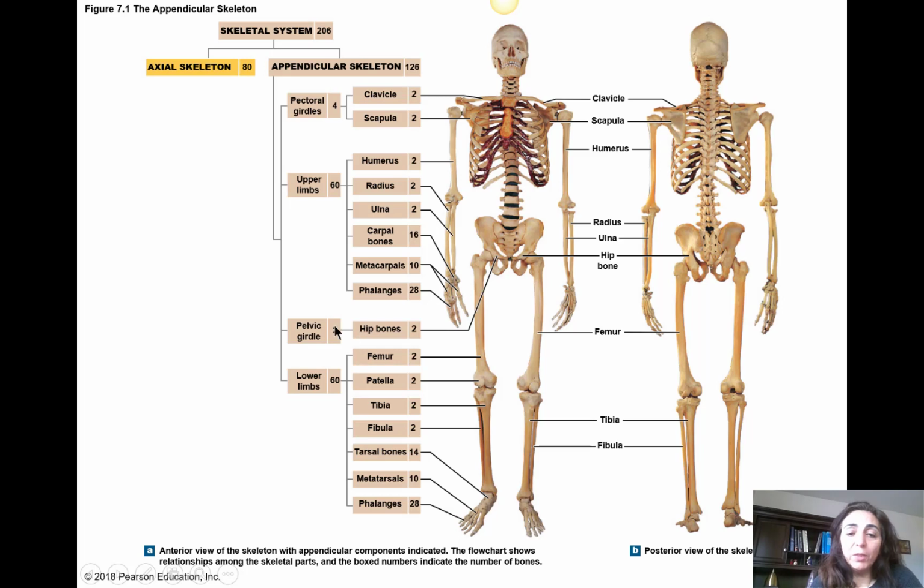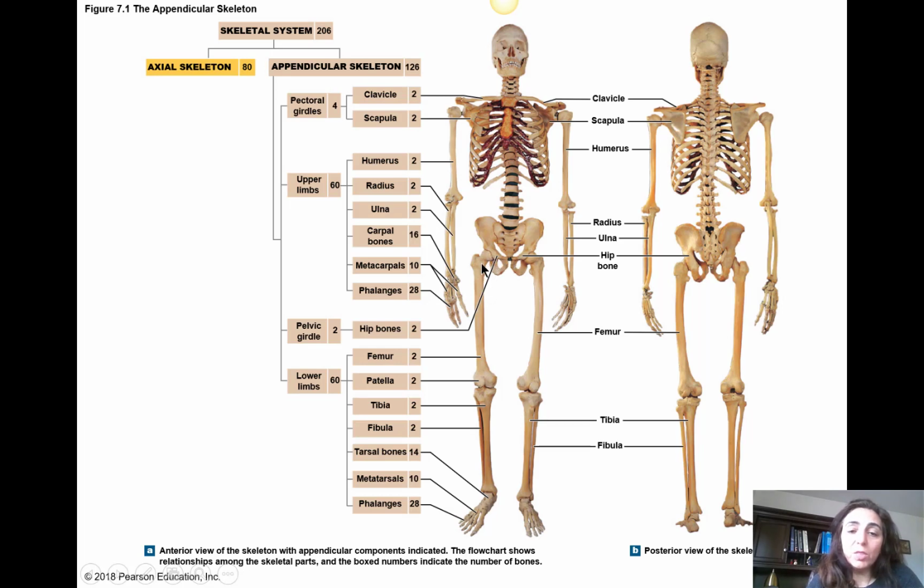For the lower limb, we have pelvic girdle that we have one hip bone on each side when they are connecting to the sacrum. Sacrum is part of the axial skeleton here, and these hip bones are connecting to that one. And on the front, these two hip bones are connected to each other here.